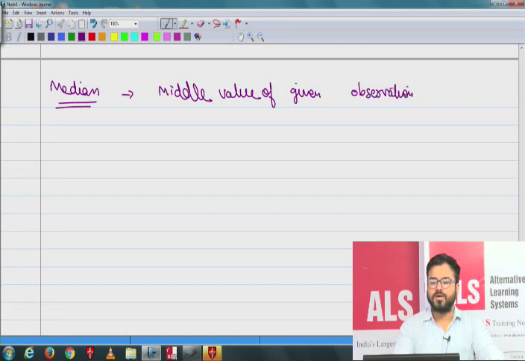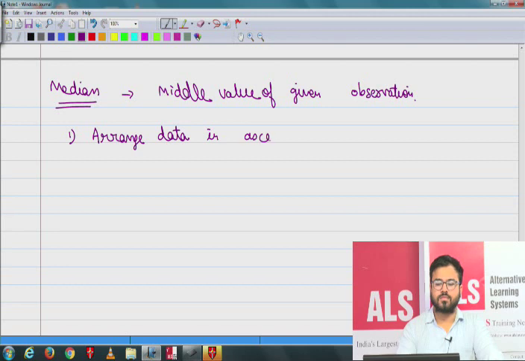And how do we get the middle value? There are certain steps. The first step is to arrange the data in ascending or descending order.